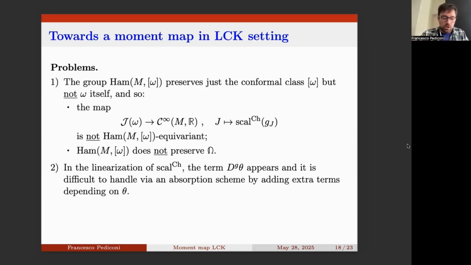To overcome these two problems, the fact that the Hamiltonian action does not preserve capital omega and the problem with the linearization of the Chern scalar curvature, the idea is that you can add in a natural way extra symmetries to your problem. The extra symmetries come in the following way.